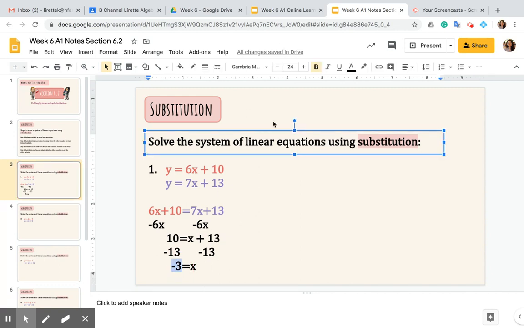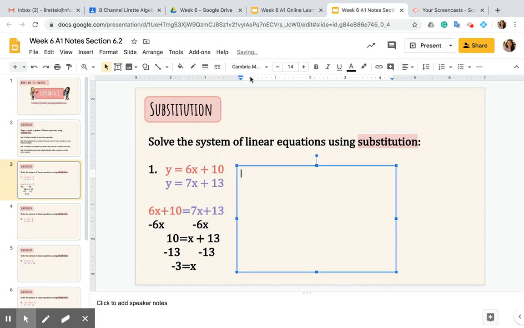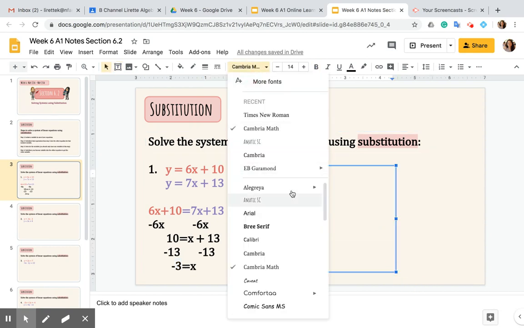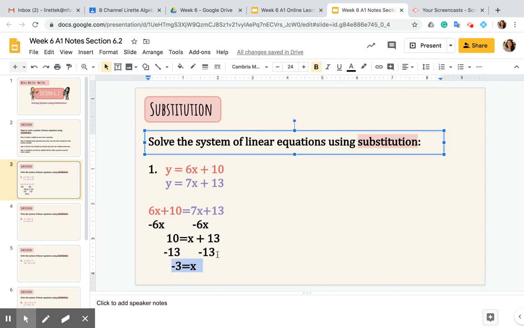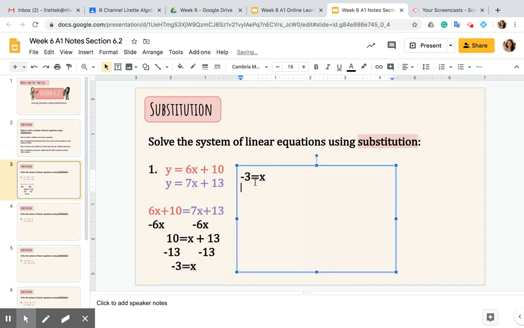So what that's telling me I could do, and I'm actually going to have to insert a text box because I've run out of space here. What it's telling me to do, whoops, I want it to be the same font and a little bit bigger. It's telling me I could take this and substitute it for an x into either of these equations.